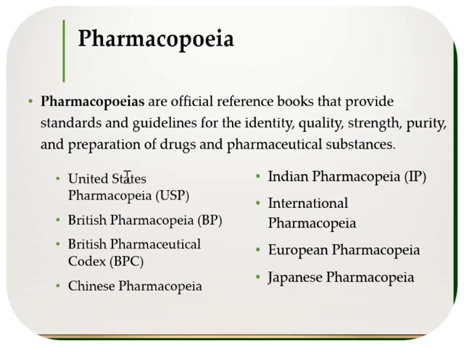The USP, the United States Pharmacopoeia, British Pharmacopoeia, the British Pharmaceutical Codex, an old book which is no longer produced, Chinese, Indian Pharmacopoeia, International Pharmacopoeia, European Pharmacopoeia, Japanese Pharmacopoeia. There are very many of them, even other countries which I have not mentioned here. I have not mentioned the Ugandan Pharmacopoeia, because we usually use the British Pharmacopoeia as a reference. Very many countries have their own pharmacopoeia and their own reference standards.